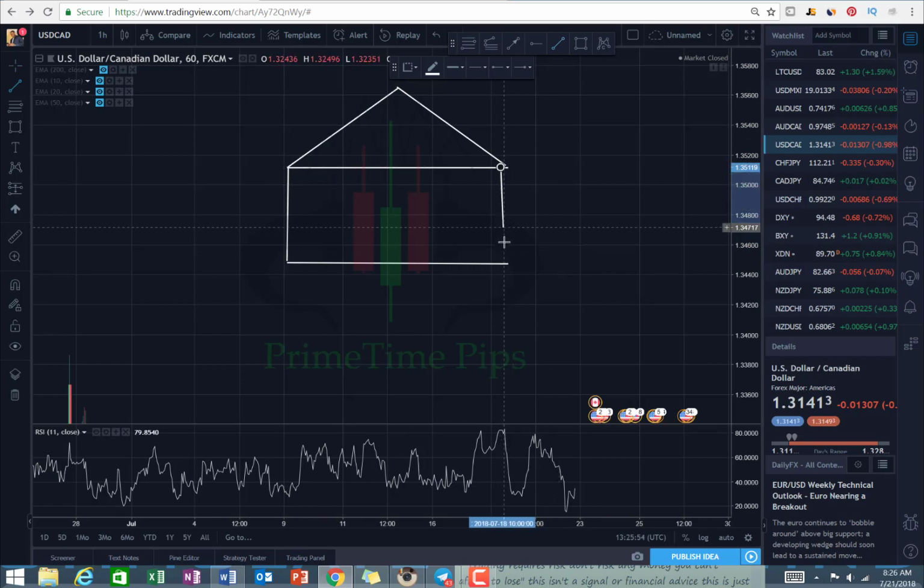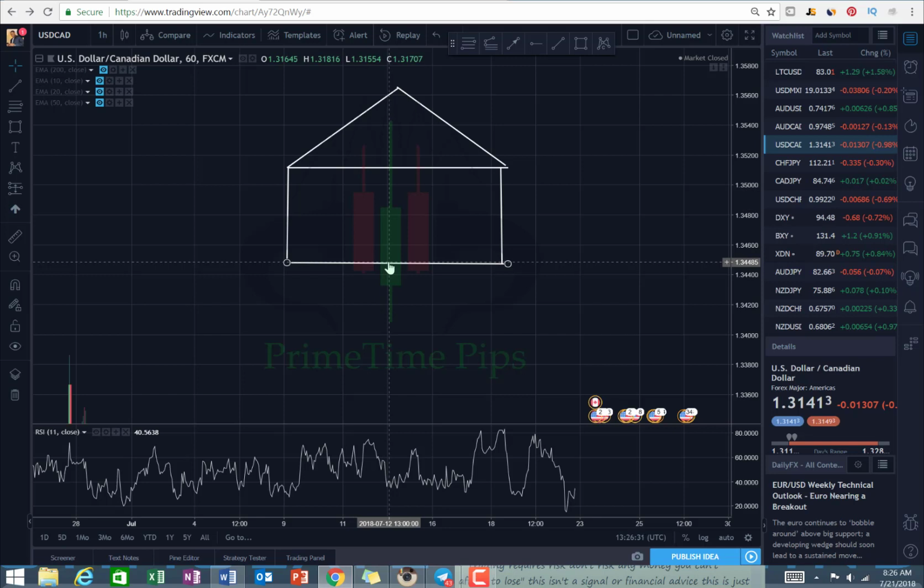It's a shifted house. Whoever built this was very shitty. But anyways, I just want you to focus on the first two lines I drew here, the top one and the bottom one. The top is always resistance, and the bottom is support. Resistance is your ceiling, and support is your floor.